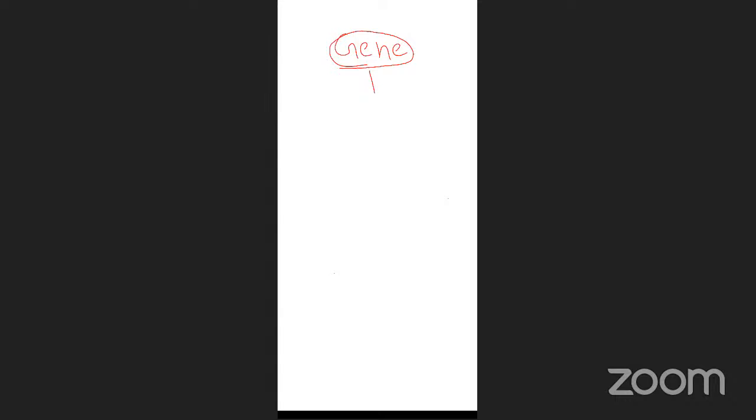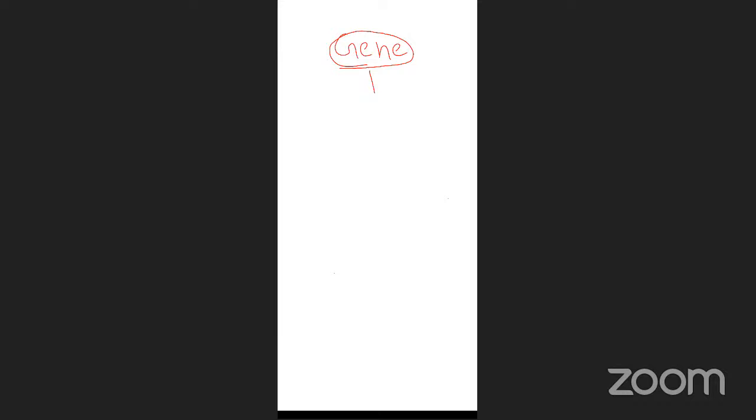Of course, the gene is included inside the cell, but it is not expressed. It is controlled. The gene is controlled until it is expressed.